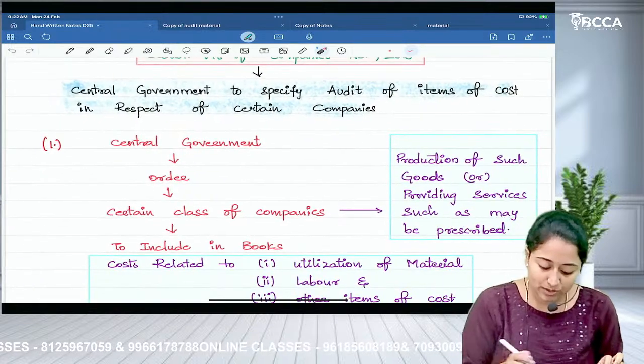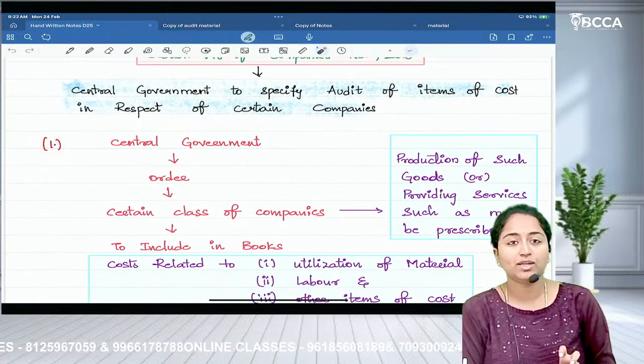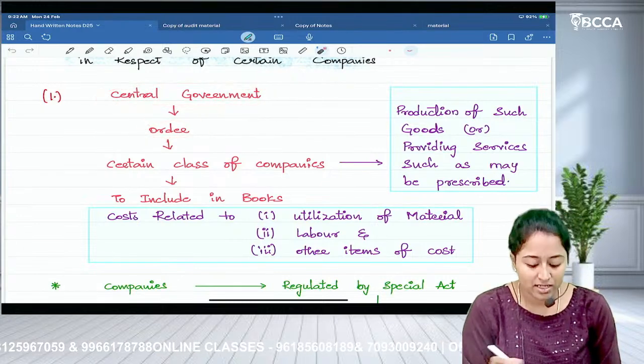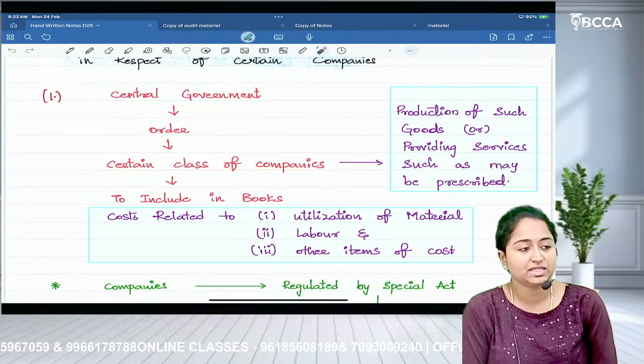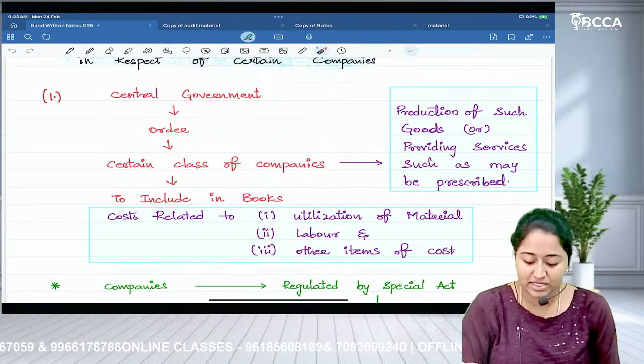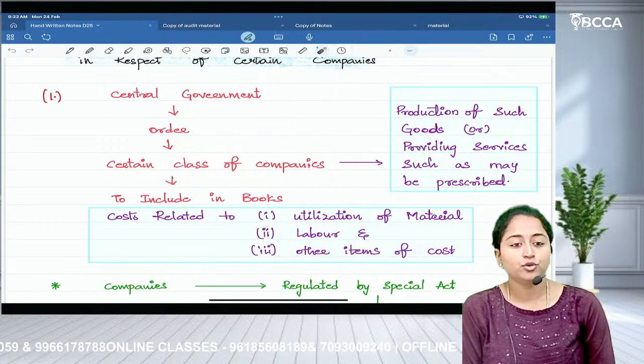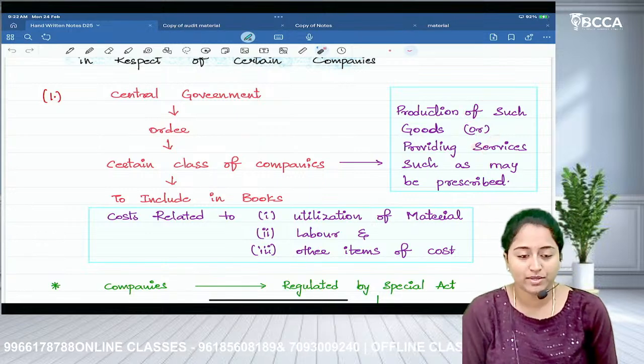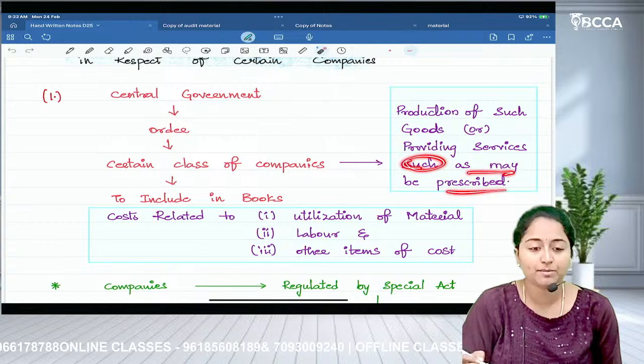Now starting with 148 subsection 1. What this is telling us is that the central government can order certain classes of companies. Which classes of companies? Those companies which are into production of such goods or providing of such services as may be prescribed.